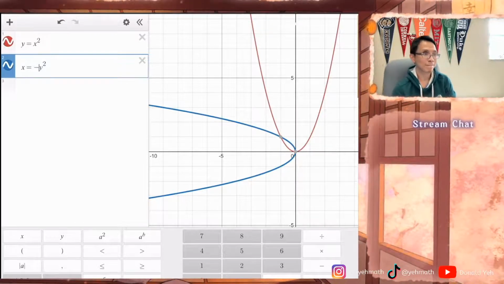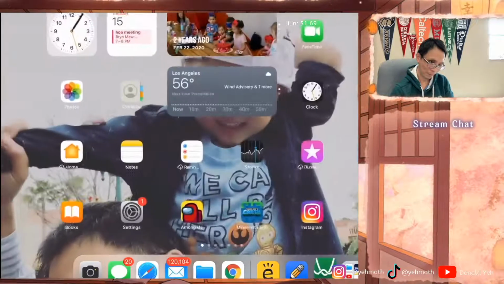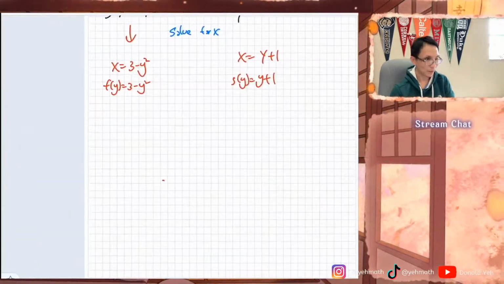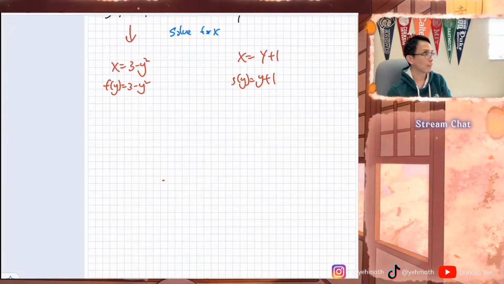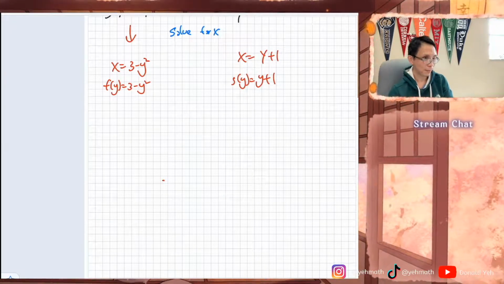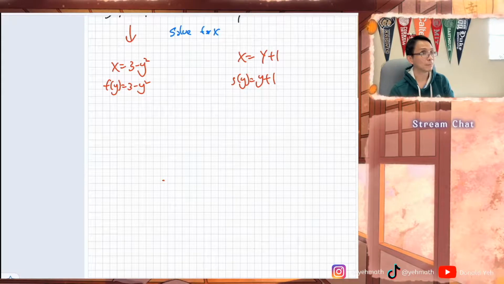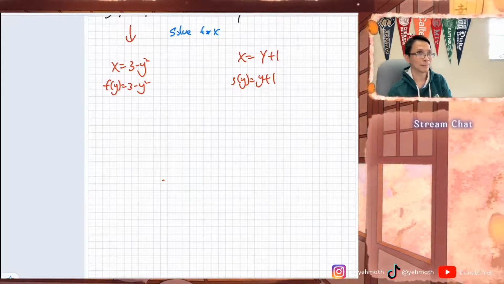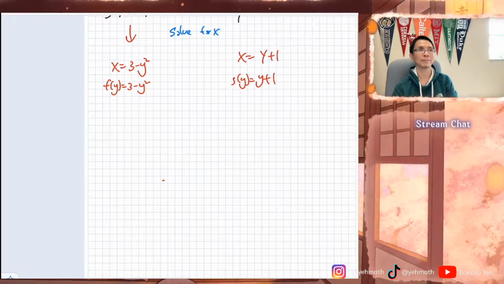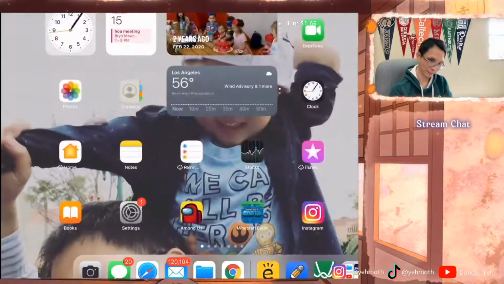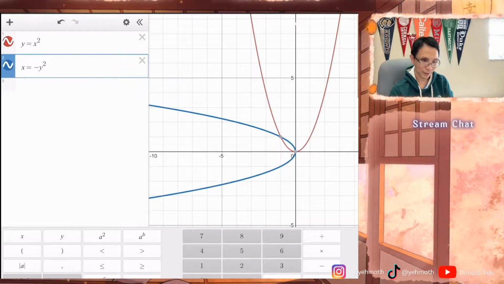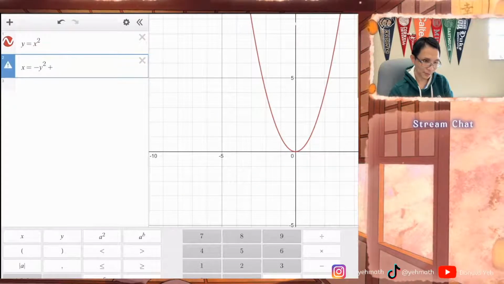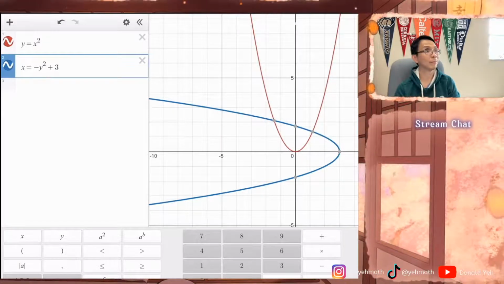It would be 3 minus y squared. Go down 3? Go to the right 3? Wait, no. Sorry, it's going right. It's the same function. It's going right because it's an inversion, so the y's and x's switch. So it's literally going right through. Plus 3.